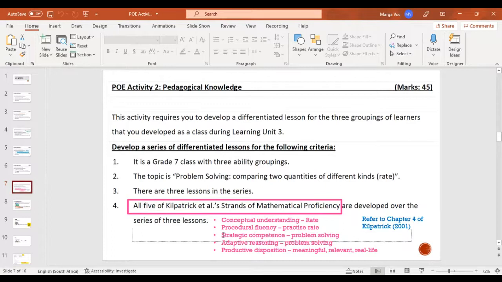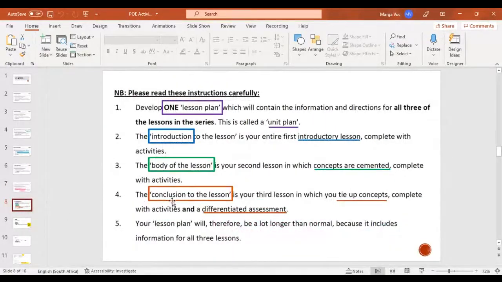So procedural fluency, strategic competence, and adaptive reasoning, and even productive disposition can be done in the body of the lesson. And then in the conclusion of the lesson, which will be an entire 3rd lesson, you will tie up the concepts, and you will have activities and a differentiated assessment. All right, so that is done in the 3rd lesson of this unit plan.